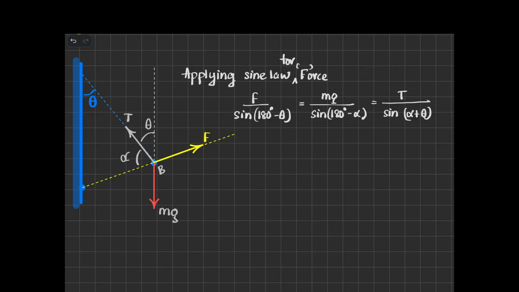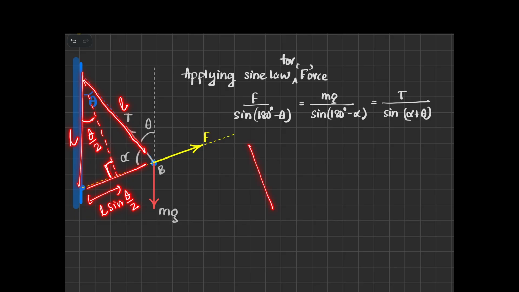Now let's see another aspect of it. Look, this length is L, this side length is also L. If I draw a perpendicular to the foot of the base, I can say this much will be L sine theta by 2, because this angle will be theta by 2 and this angle will be 90 degrees, right? So from a right angle triangle, this side is L, this angle is theta by 2.